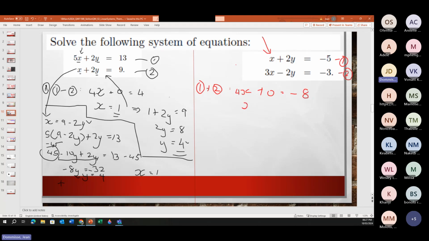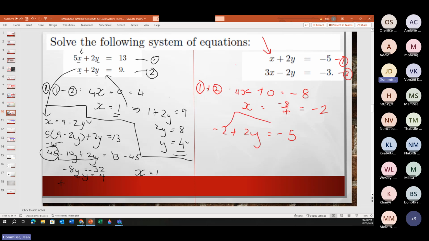So in this instance, x would have been minus 8 divided by 4, which is then minus 2. And then again, I can replace it into any of those two. So I would replace it in the first one: minus 2 plus 2y is equal to minus 5.